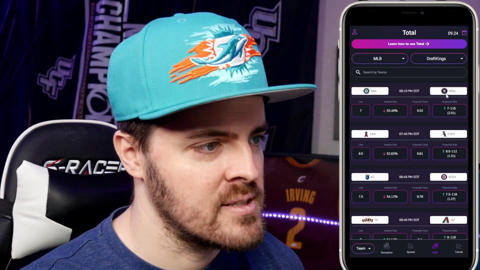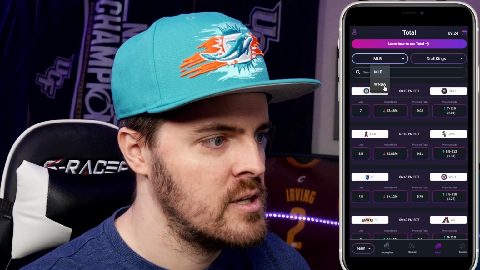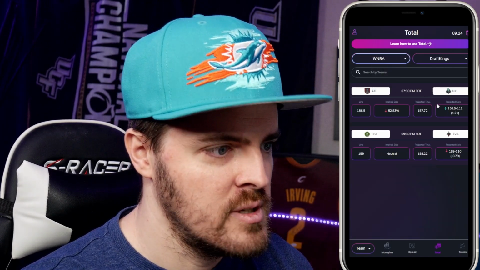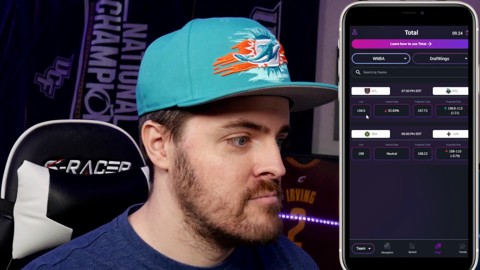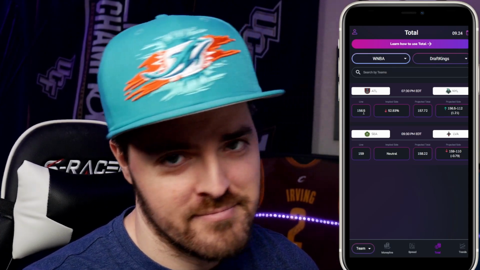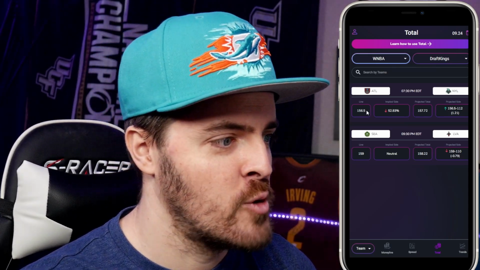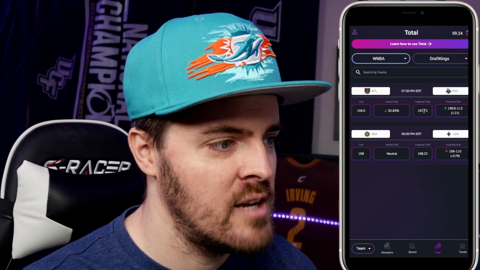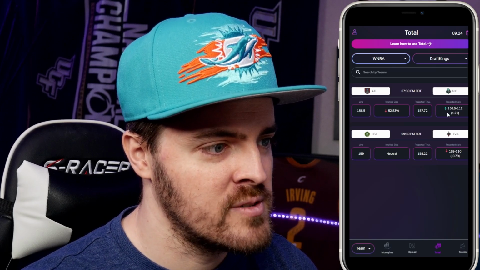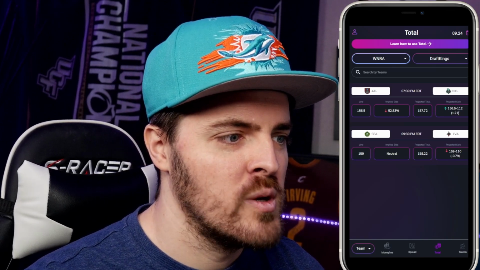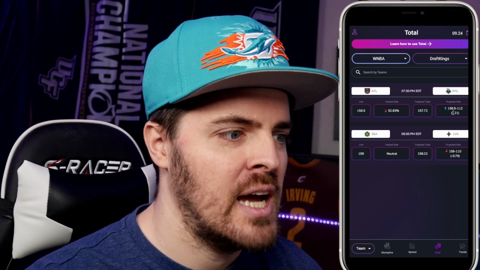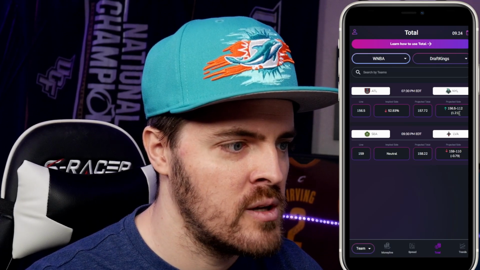This works exactly the same way for all the other games as well. So we can go to WNBA, for example. Now, the totals are a lot different because it's basketball. So the total line for this game is 156.5. Our projection's at 157.2, so it's only really a 0.7 difference. When it comes to basketball, you kind of want to have a higher difference than that.